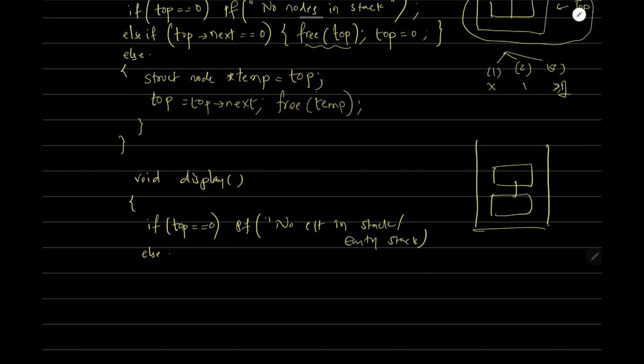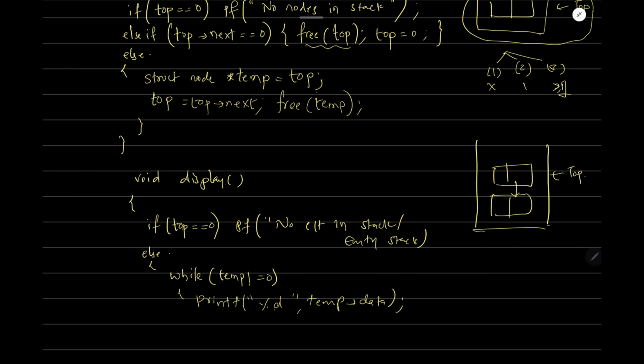Let's say we have two elements. In this way, here there will be a top. So this is the head, right? So what I need to do is write a while loop: while temp is not equal to 0, I need to print temp arrow data.